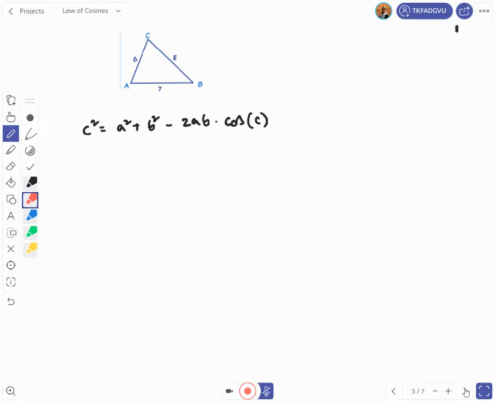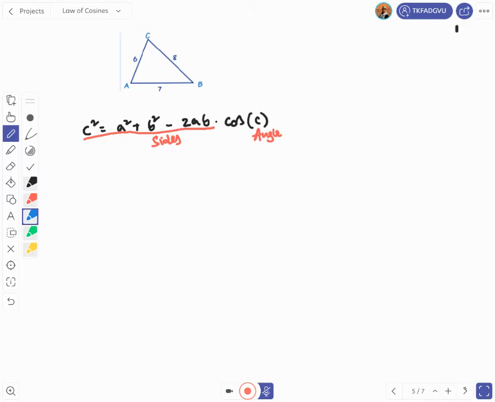As I mentioned before, these all indicate the sides, only the last one indicates the angle. You may use this formula as it is. This is one method, I'll show another method too.